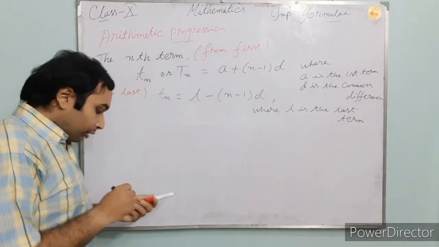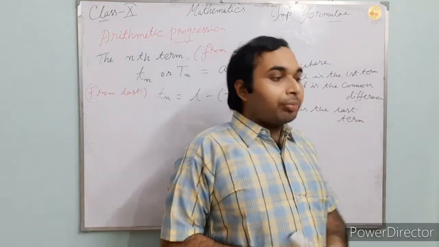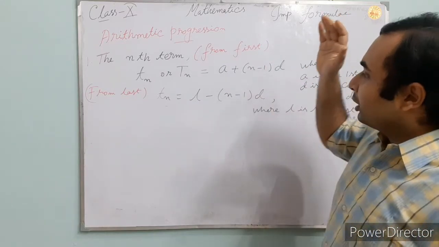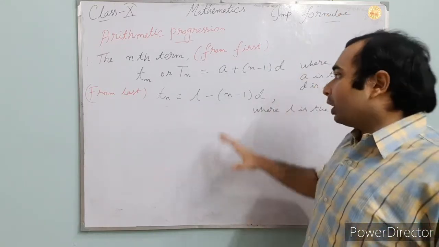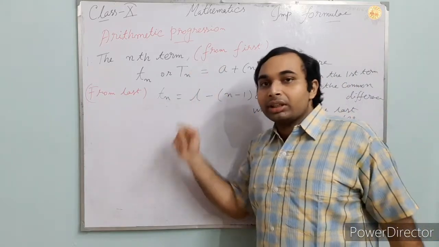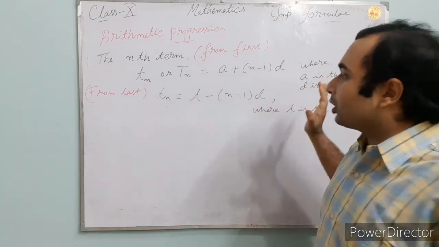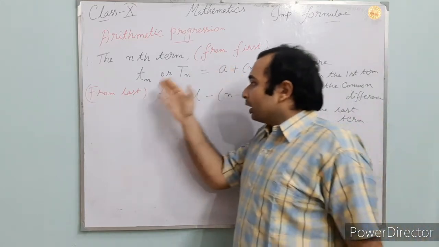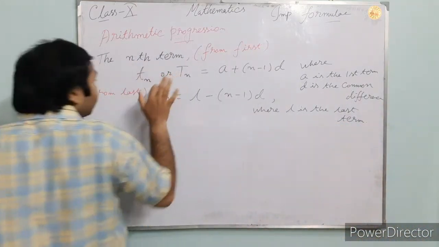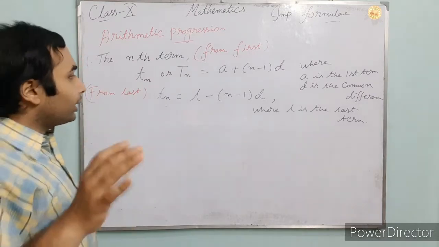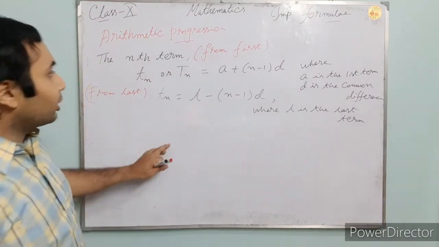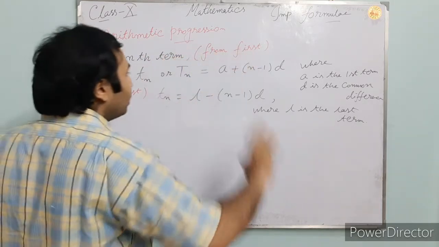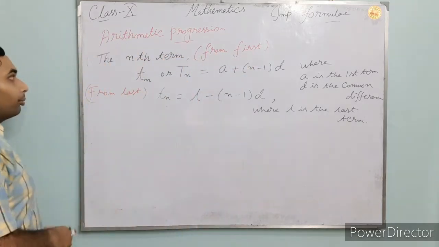Whenever you do this chapter, you will see problems where you have to find, say, the 21st term from the last. The last term of the series is given, and you have to find the 21st term from the last. Then you use this formula. And you use the upper formula whenever the first term and common difference are given and you have to find the nth term.